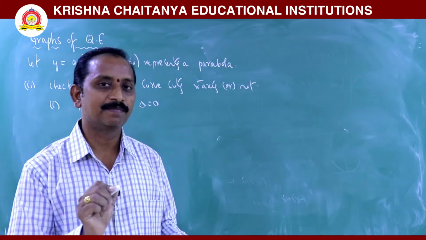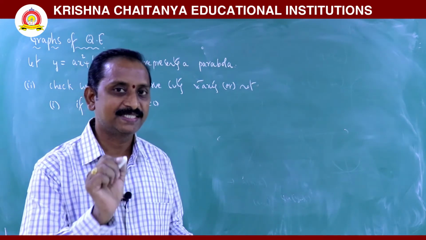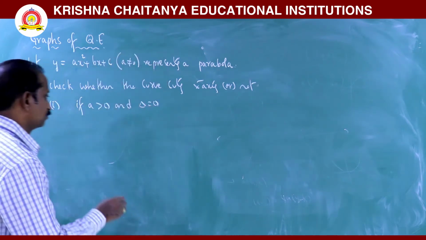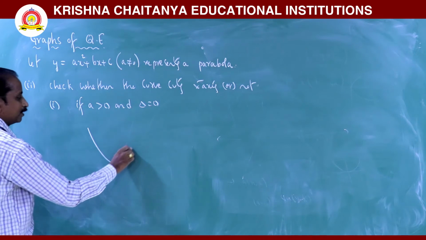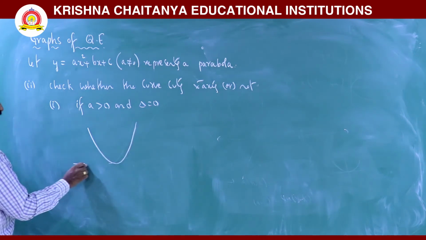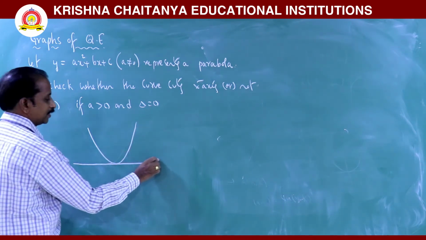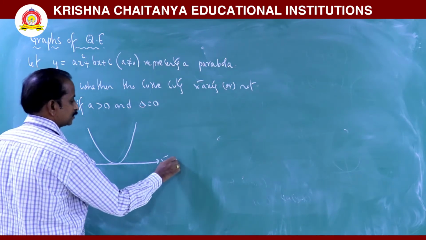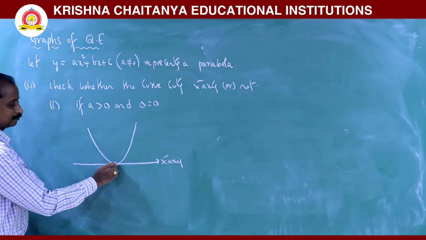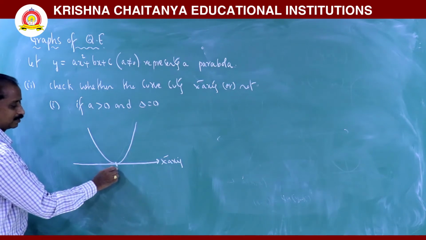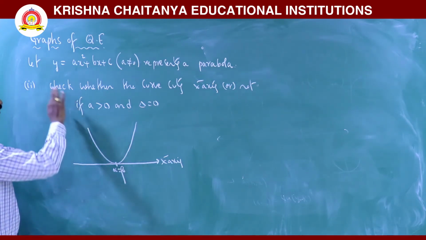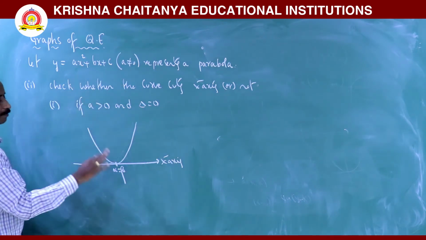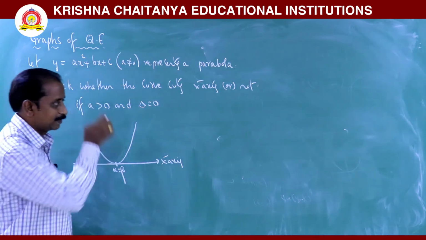When the two roots are equal, the curve touches the x-axis. So the shape of the curve is like this, open upwards, and the curve touches the x-axis. This is the x-axis, and here the common point is alpha equal to beta. When a greater than 0, the shape of the curve x square plus bx plus c is this one.